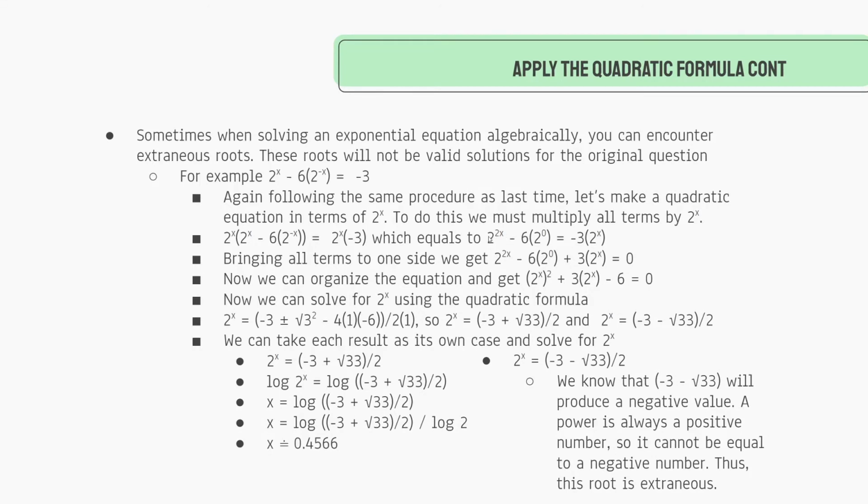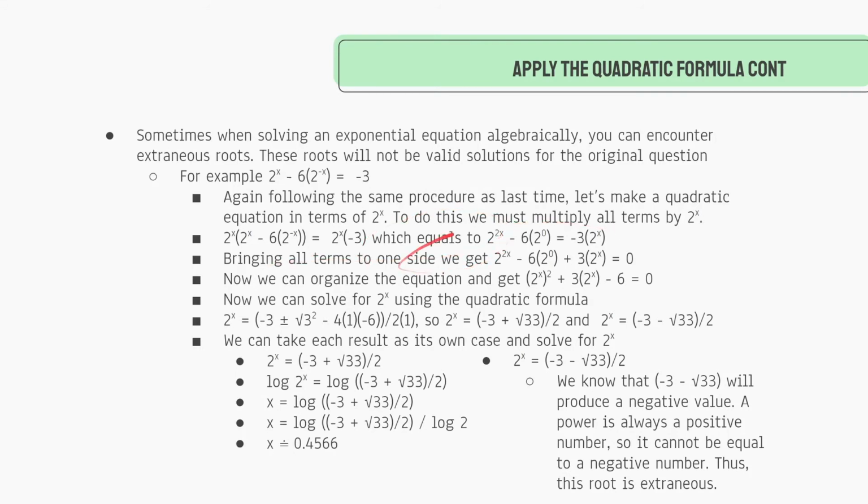So again, 2^x times 2^x just equals 2 to the power of 2x, as you can see here. Then again, when we have a negative x times a positive x, that's just equal to 0. So we get this term here. And now, since we talked about multiplying all sides by the same number, we have to multiply our right side, and so we get this value here. I've simply rewritten it so it looks more visually appealing.